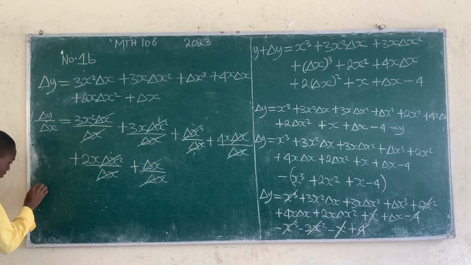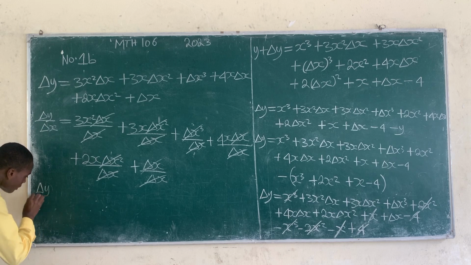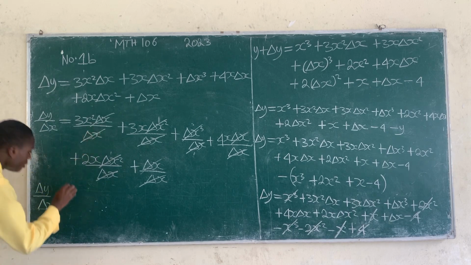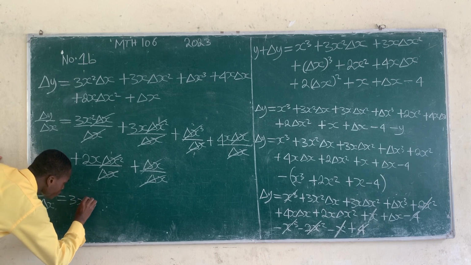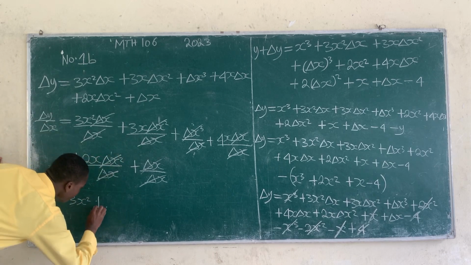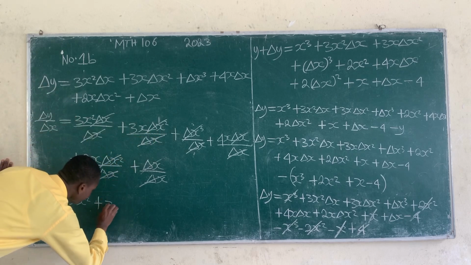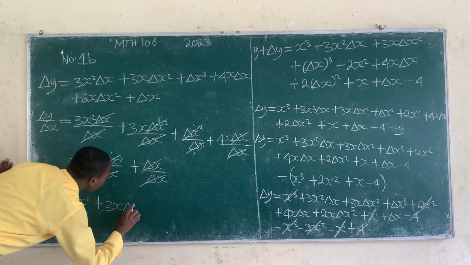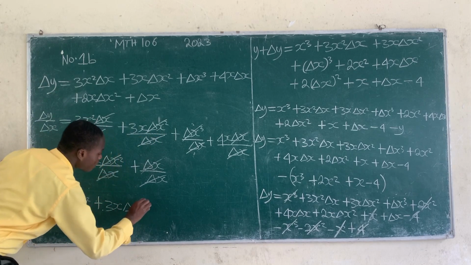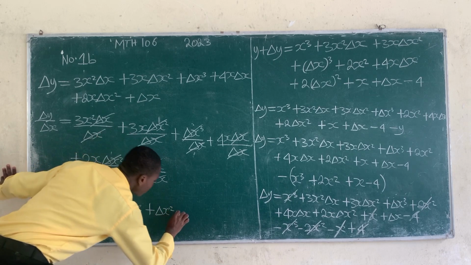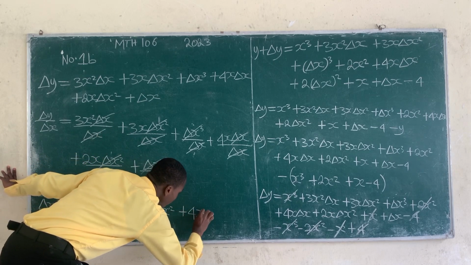So what we have here is increase in y over increase in x to be equal to 3x squared plus, if one of the increase in x cancels out 1, we have 3x increase in x plus increase in x squared plus 4x.